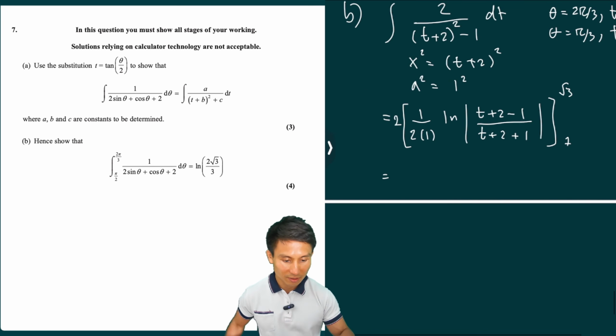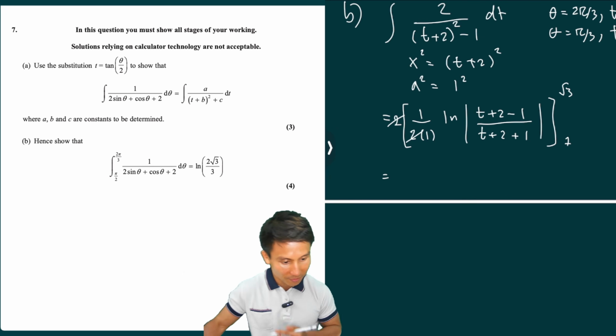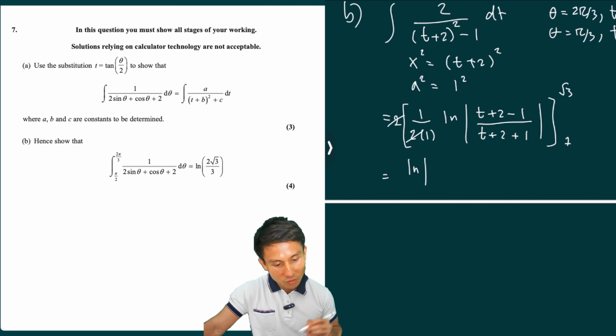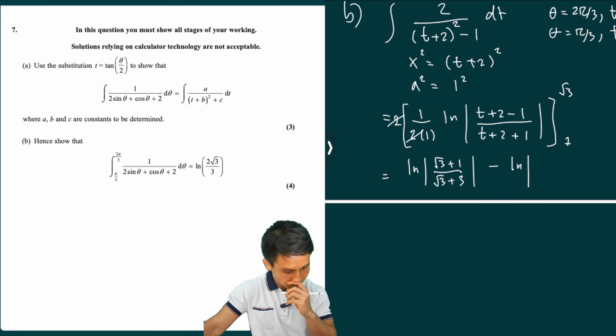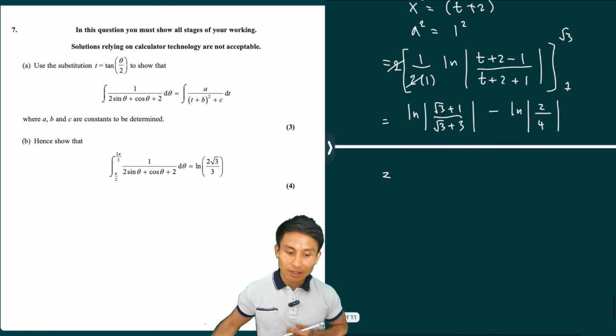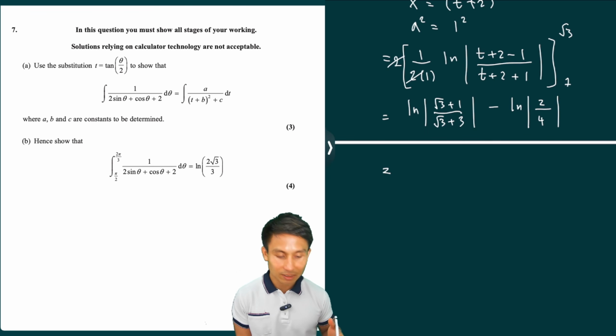And then the 2 can cancel here, so that's no problem. So we have ln of modulus. You put root 3 in there, so you get root 3 plus 1 divided by root 3 plus 3 for the first one, and minus ln of, so that's going to be 2 over 4. All of them are positive numbers, so we don't need the modulus sign there.